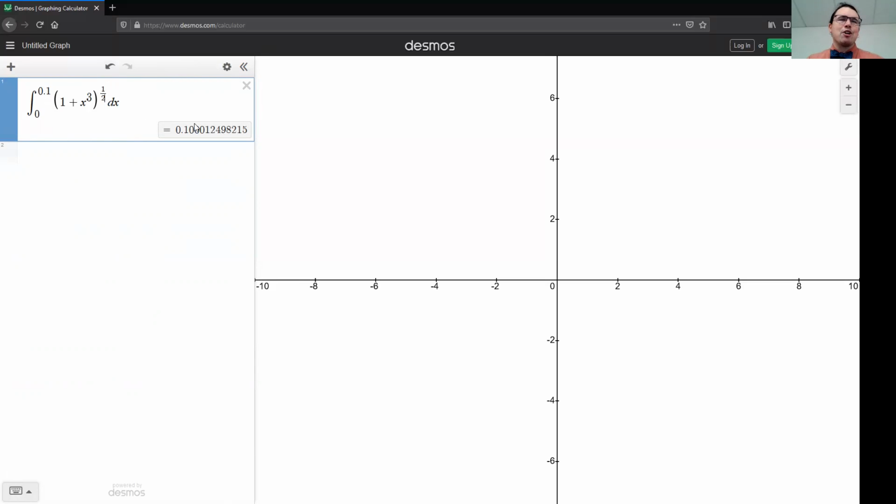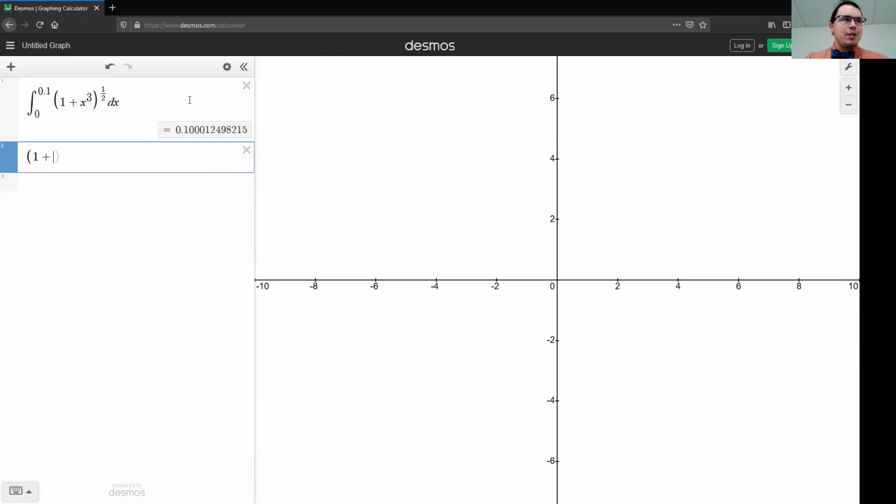We can just use numerical methods like what Desmos is doing right here. But because this demonstration would be so much harder to watch if I really had one of those messy functions in my integrand, we'll have to make things simpler and focus on series that we can actually compute.